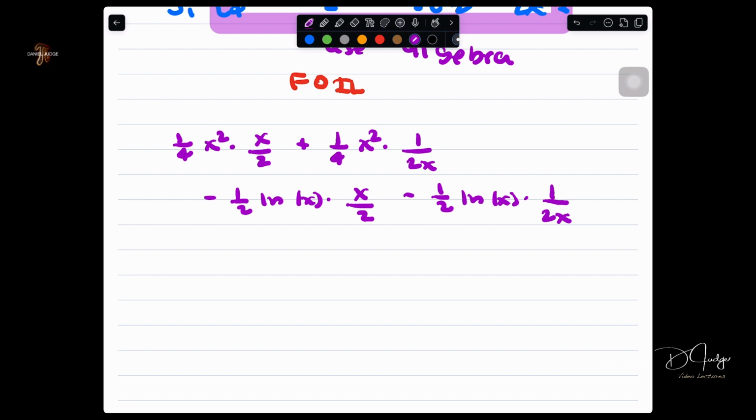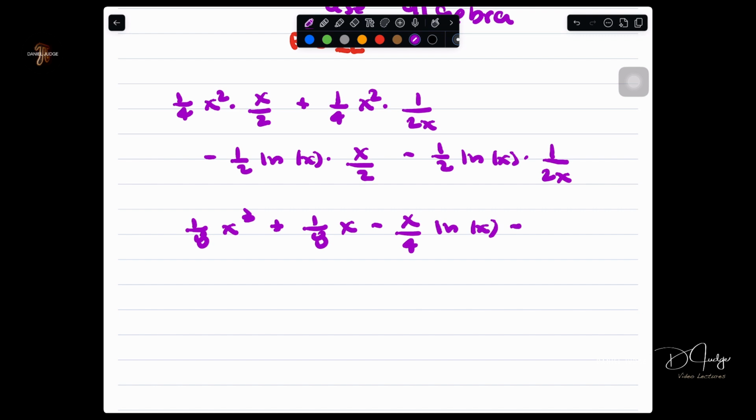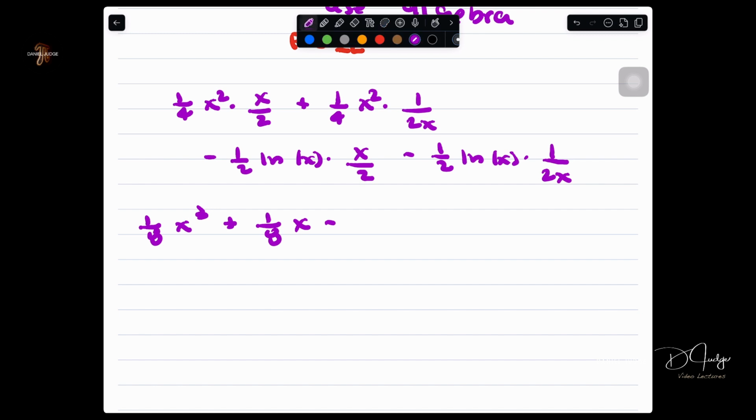So doing some algebra here, we get 1/8 x cubed plus 1/8 x, minus x over 4 natural log x, minus, let's write this as 1/4 x natural log x, minus 1/4 natural log x over x.